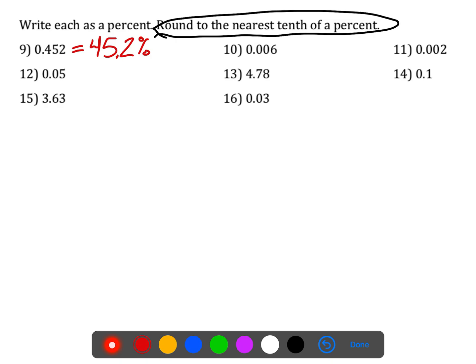The same for, let's see, this one is already rounded to the tenths place. So let's pick one that isn't rounded to the nearest tenths place. I think they're all going to be rounded to the tenths place. So that doesn't really help us with our example. Let's look at something like 0.1005.